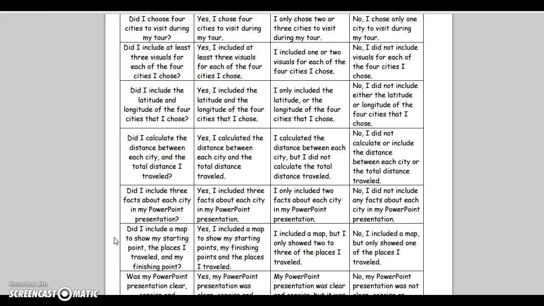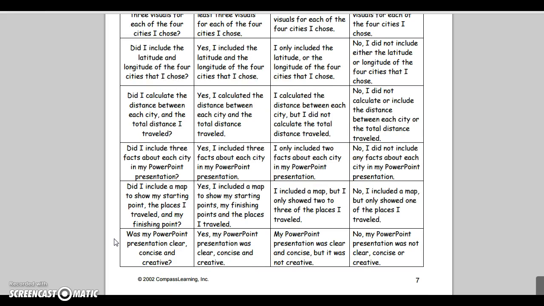So a picture of probably the United States, depending on where all you're going, and then just kind of mark the 4 places, the 4 different cities in the 4 different states that you're going to go to. And finally, was my PowerPoint or document, like I said, it doesn't have to be PowerPoint, was the presentation clear, concise, and creative?